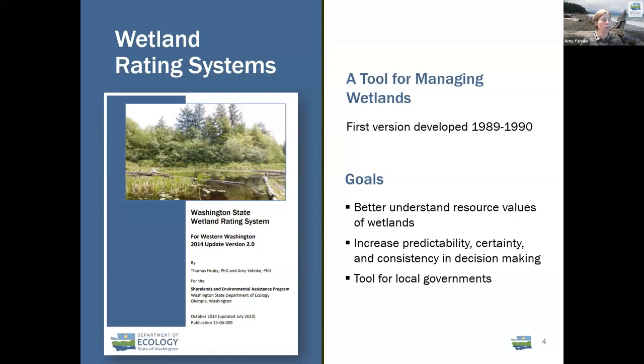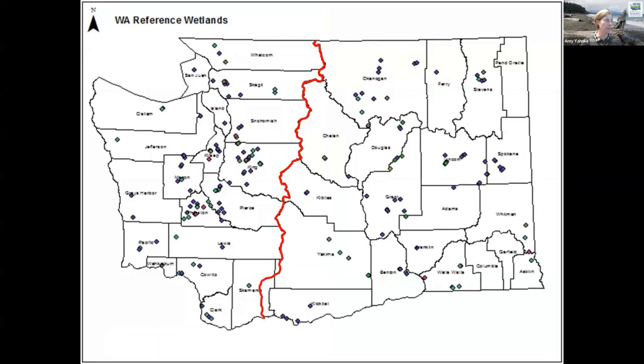There are 2 versions, one that applies in Eastern Washington and one for Western Washington. The division for the versions of the rating system that apply to Western or Eastern Washington is essentially at the Cascade Crest. And the scoring thresholds for ratings were based on data collected from reference wetlands during that functional assessment method development.